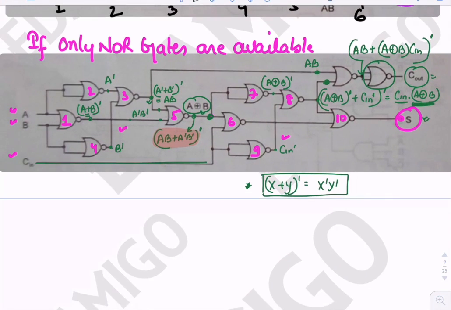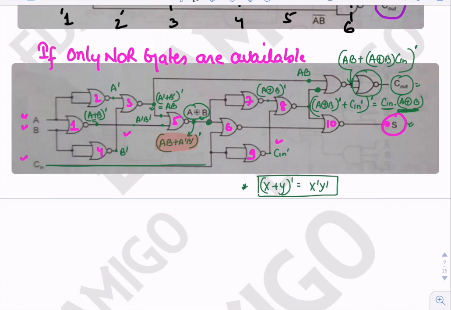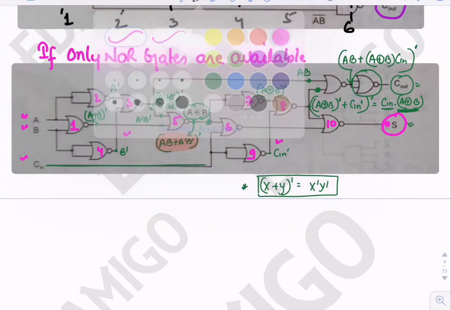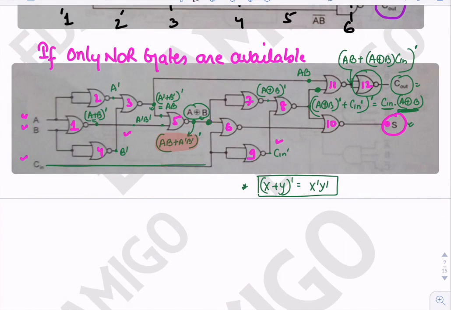So this is the design. I don't think you have to remember all this. The only important thing is here we need 12 NOR gates.